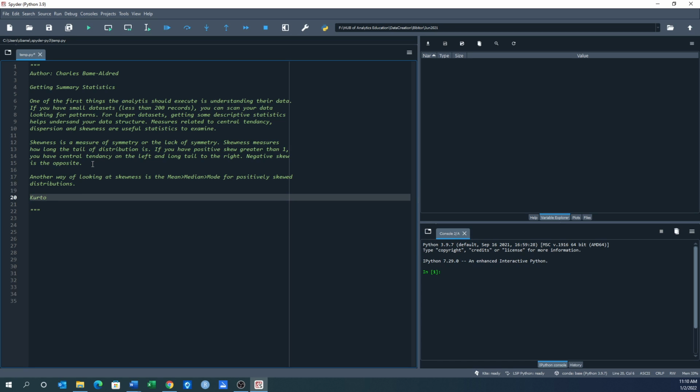Kurtosis refers to the presence of outliers in the distribution. Large measures of kurtosis suggest high numbers of outliers, both positive and negative.